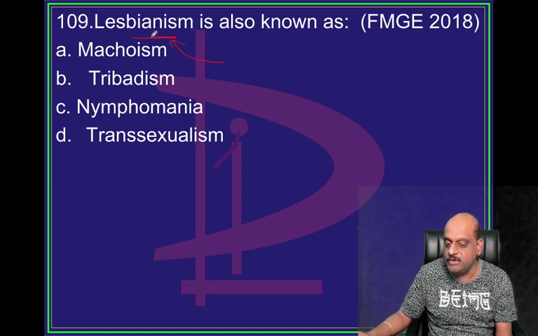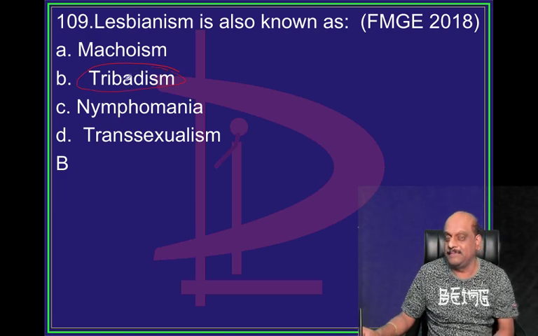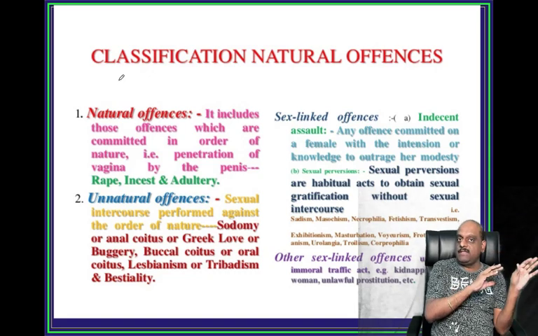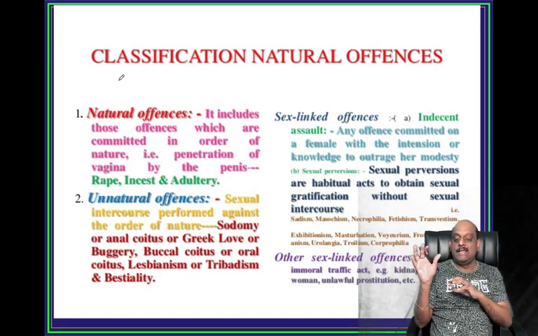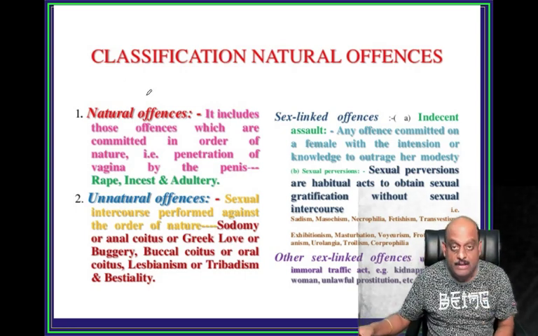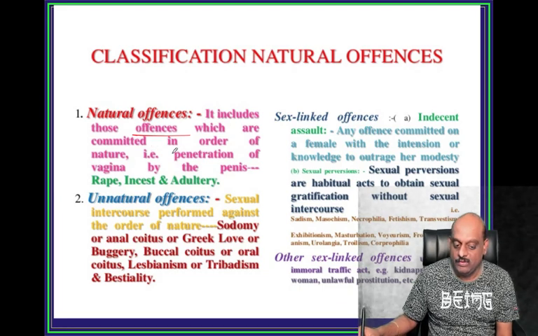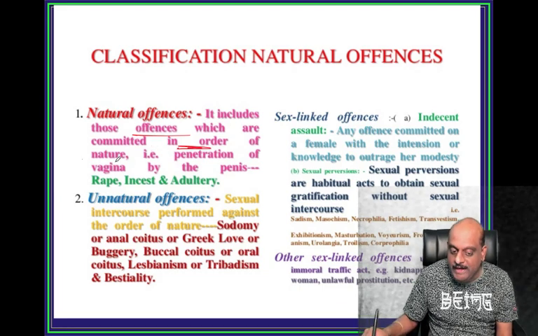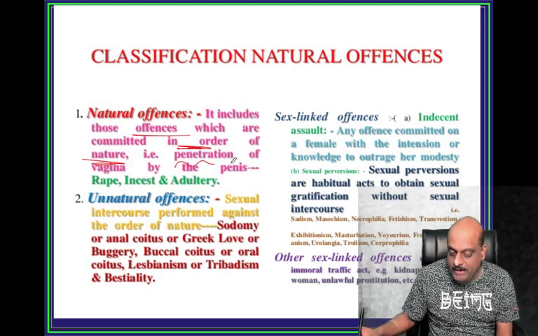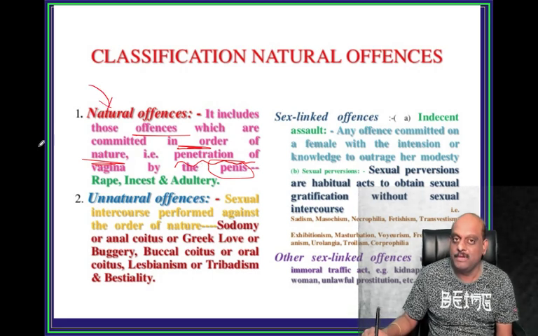Lesbianism is also called tribadism. So doctor, basically natural offences, unnatural offences, sex-linked offences. You should know the difference. Natural offences are those committed in the order of nature. That is, penetration of the vagina by the penis is a natural offence.